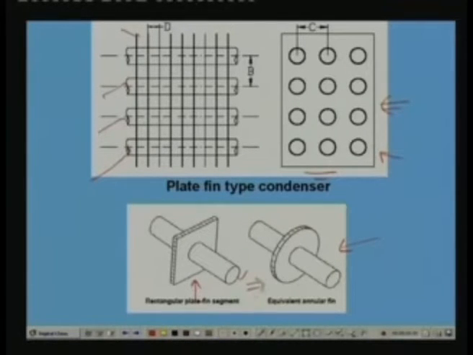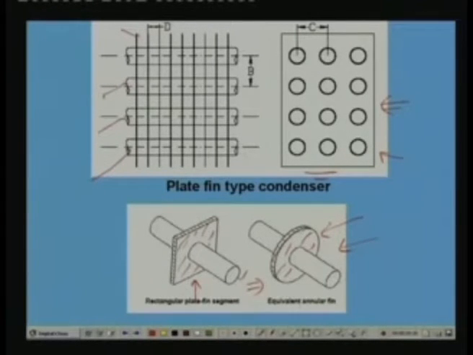This is equated to an annular fin, by equating the fin areas. That means this area is equated to this area. By equating these two areas, the outer radius of the annular fin is obtained, and then using the analytical expression for the annular fin, the efficiency of the plate fin is obtained.